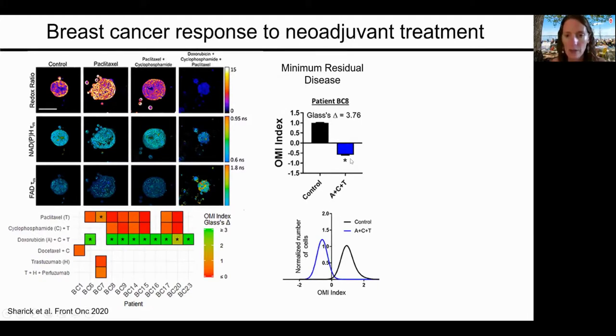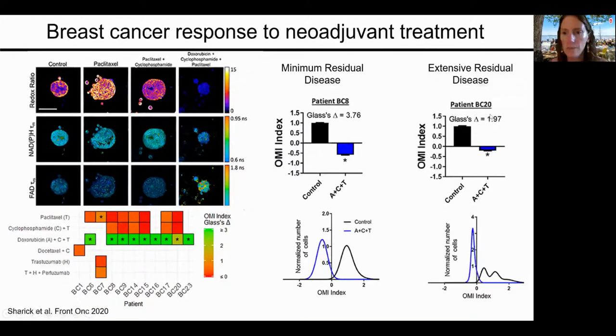If we just look at a couple of examples, this is one patient who had a very good response to their prescribed treatment in their organoids, and it was a very homogeneous response. And at the time of surgery, the pathologist indicated that this patient had minimum residual disease. That agrees well with these large changes we saw in their organoids. Here we have another patient who actually had extensive residual disease at the time of surgery.